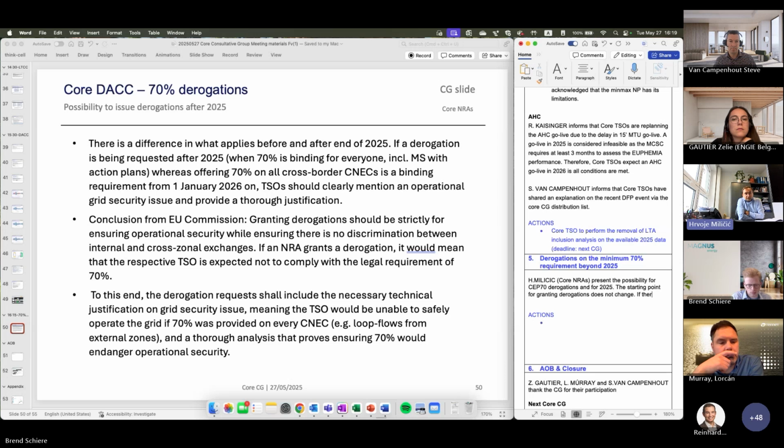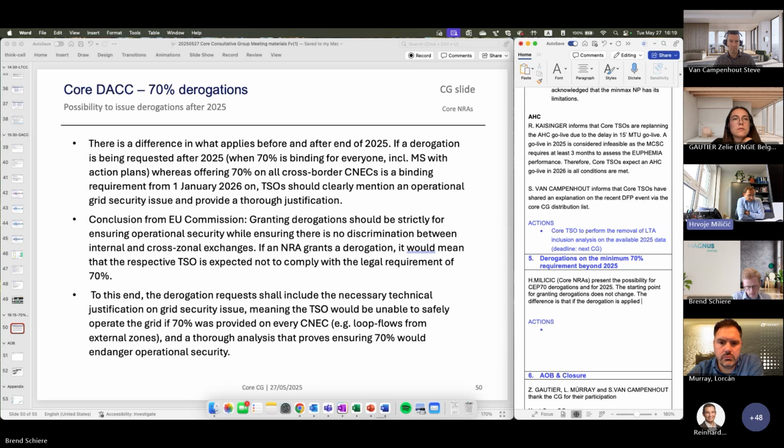What is the difference in respect to the legality, you could say, compared to before 26, is basically that if a derogation is being applied after December 2025, because we know from the start of 2026 the 70% target is binding, the derogation is a recognition that the respective TSO cannot comply with the 70% target.